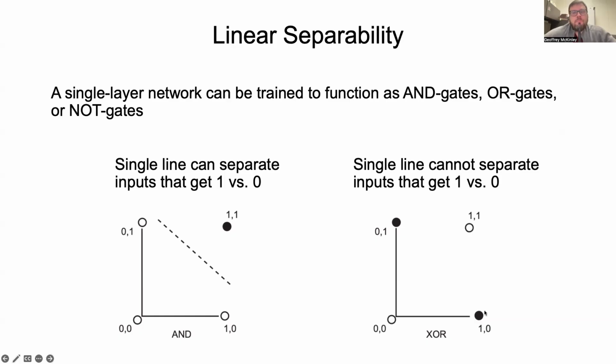The two points where input one is 0 and input two is one, as well as where input one is one and input two is 0, are the only times the output would be true. And you can't draw a single line in the same way that you can here.